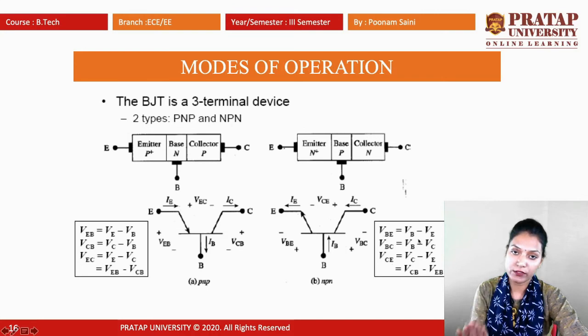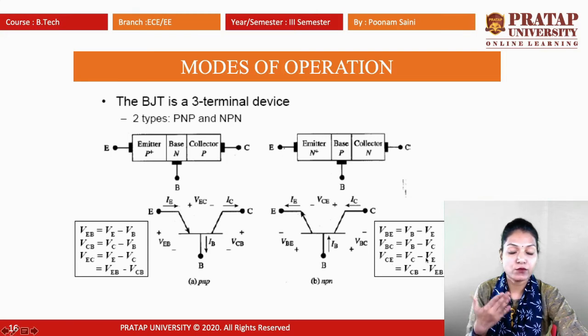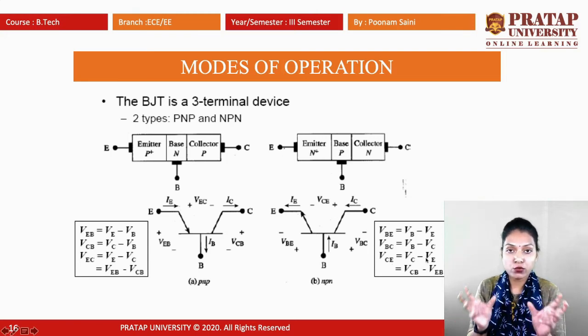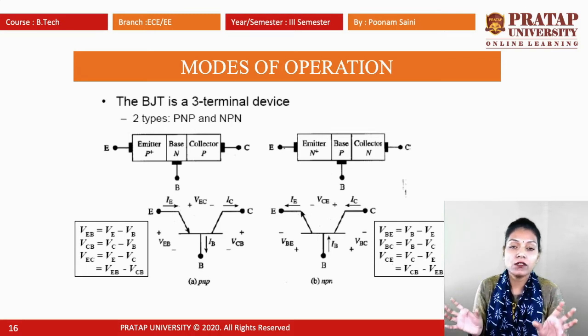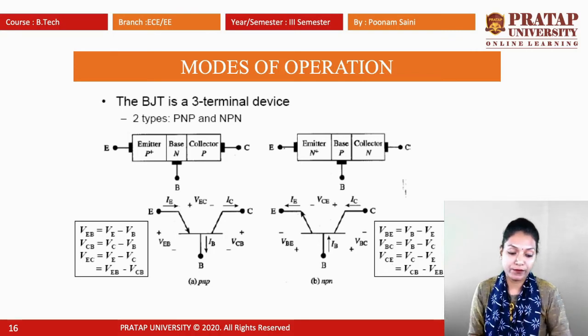This is the reverse; NPN is the reverse of PNP. VBC is the voltage at base minus the voltage at collector, and VCE is the voltage at collector minus the voltage at emitter. So PNP and NPN are different, but the operation is similar, while the equations are different.